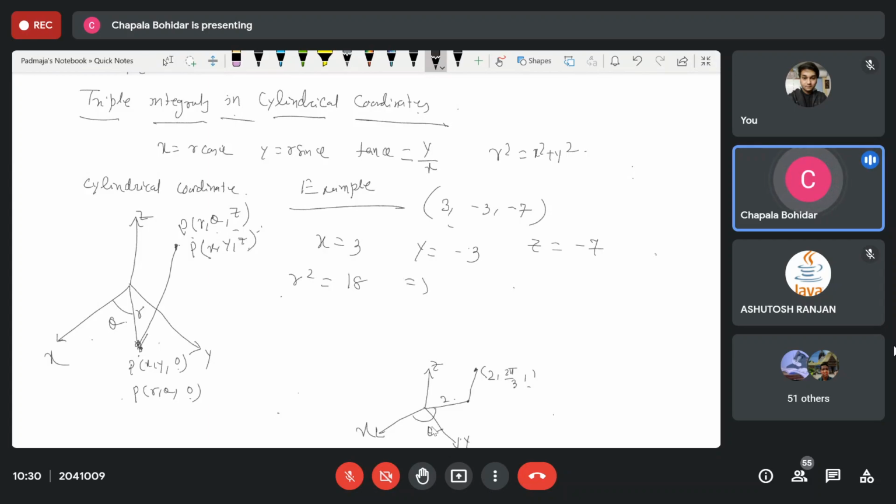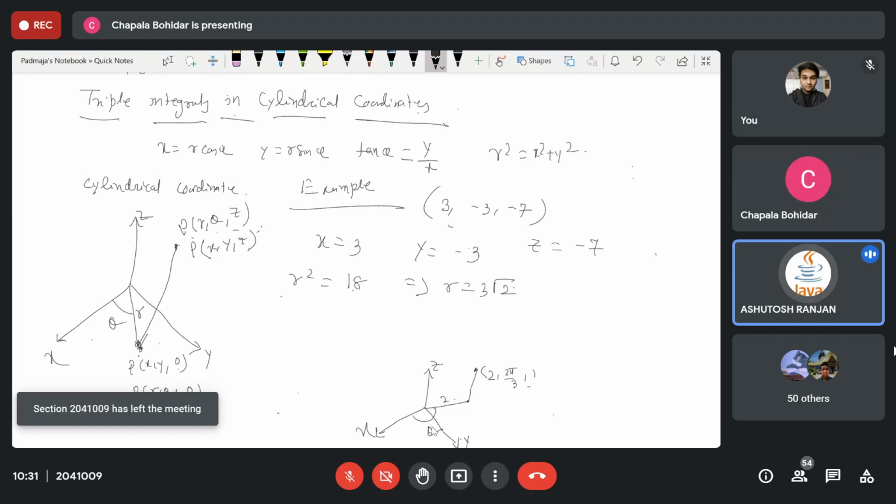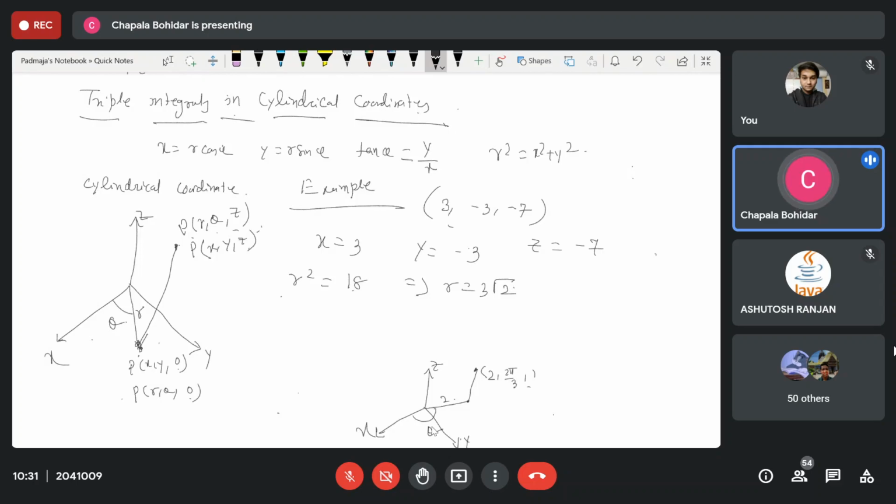This implies r is equal to 3 root 2, okay, 9 into 2, so it is 3 root 2. Then tan theta is equal to y by x, that is your minus 3 by 3.